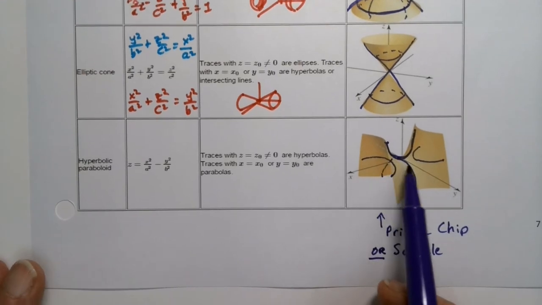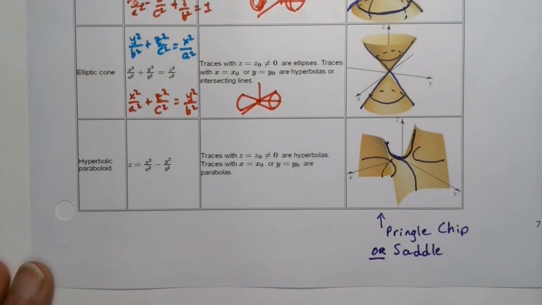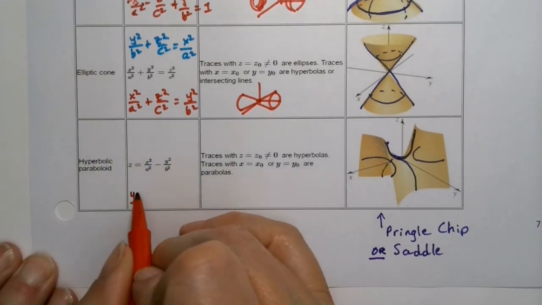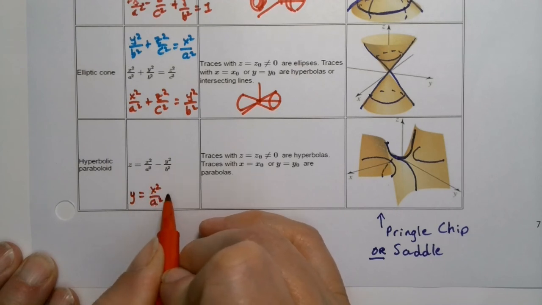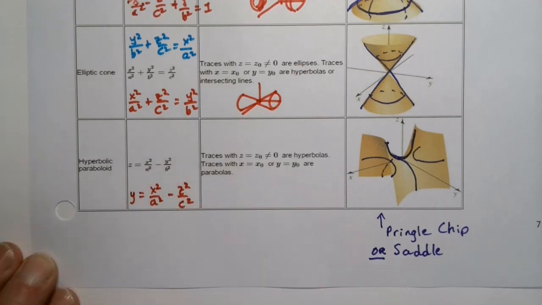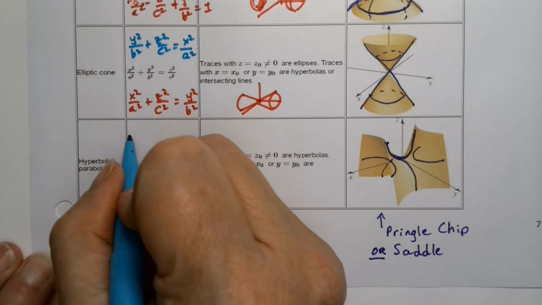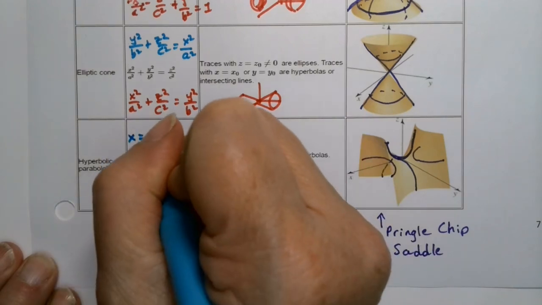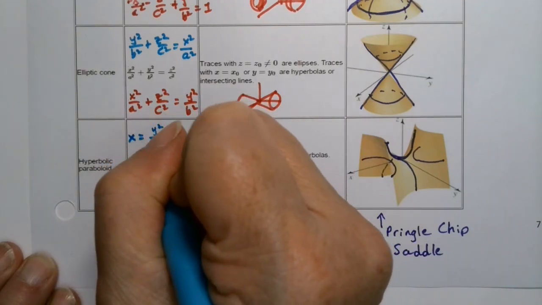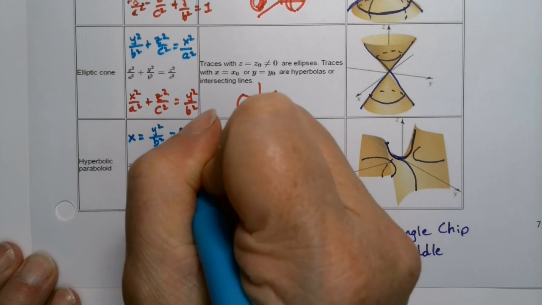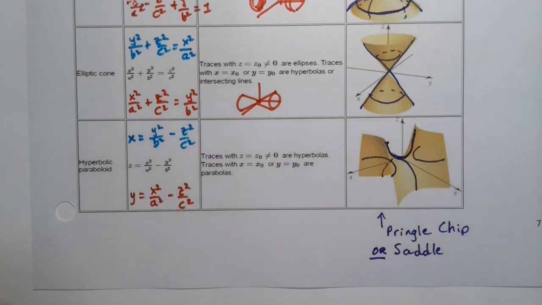And again, of course, this one's oriented in a particular way. You could make one oriented with y equals x squared over a squared minus z squared over c squared. That would work. Or you could make one oriented a different way, which would be x equals y squared over b squared minus z squared over c squared. So those would be the companions.